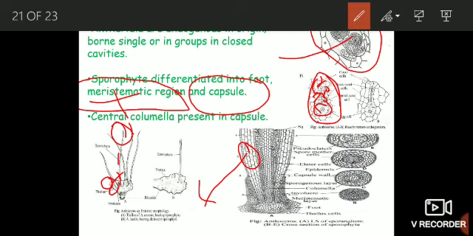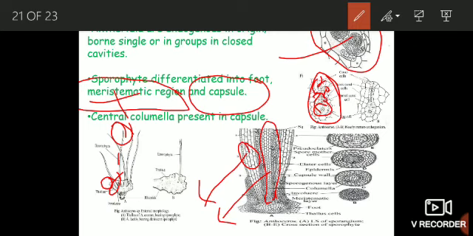In Hepaticopsida, the wall of the capsule is single layered, but in Anthocerotopsida, the capsule wall is 4 to 6 layered. And one more distinguishing feature of this group is that you have a central sterile tissue known as columella, and this columella tissue is absent in Hepaticopsida.